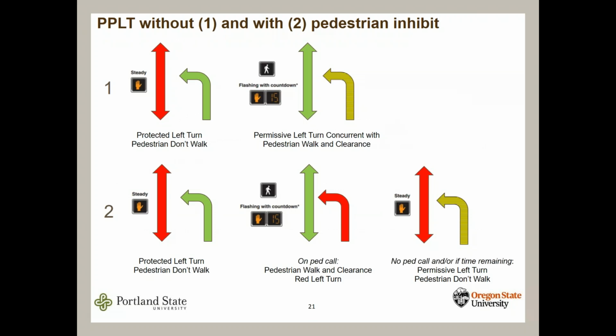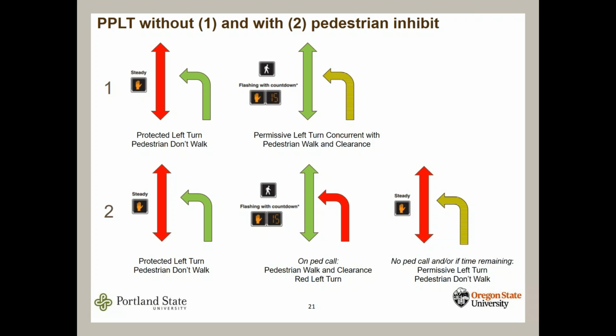Okay, so up at the first row sort of shows a protected permissive operation without the pedestrian inhibit function, and it sort of works like we discussed. The vehicles turn on a protected movement, the pedestrians are held, and then the permissive interval, which is shown by that yellow interval, operates, and it's across at the same time as the pedestrian happening.